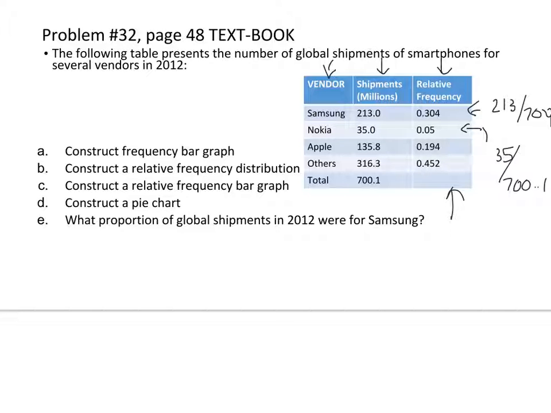To do this, the x variable is just going to be my vendors, and that's going to be on the x-axis.